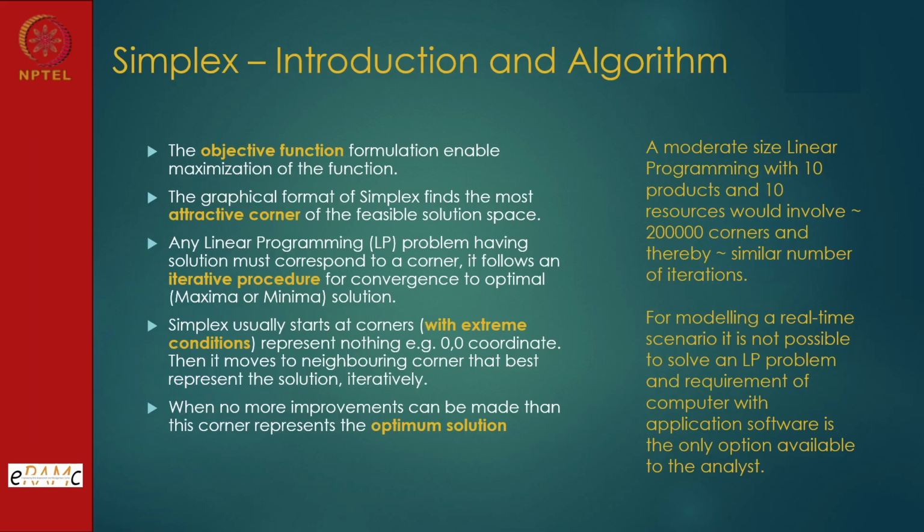So, that is called the attractive corner, and the optimization is complete when we reach the most attractive corner. There is no corner which is more attractive than the corner we are calling the feasible solution. Any linear programming problem having a solution must correspond to a corner. It follows an iterative procedure for convergence to the optimal solution.